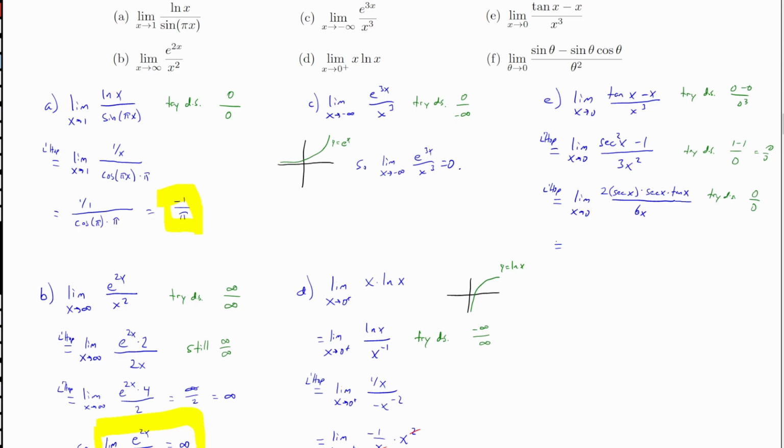Before we do that, I'm going to simplify this down a little bit. So I'll write this as 2 secant squared x times tangent x all over 6x. Now, you can get away without doing L'Hopital's rule here.